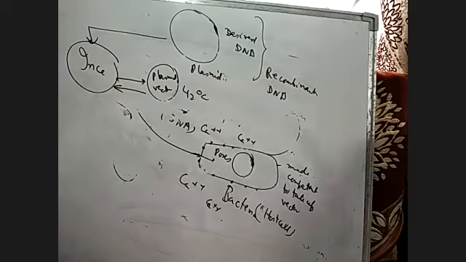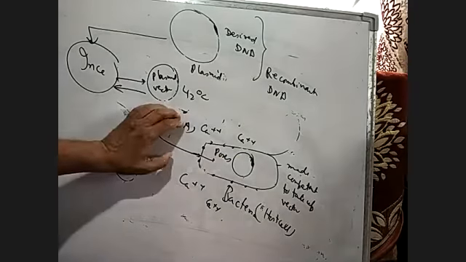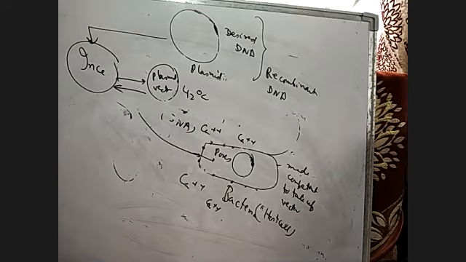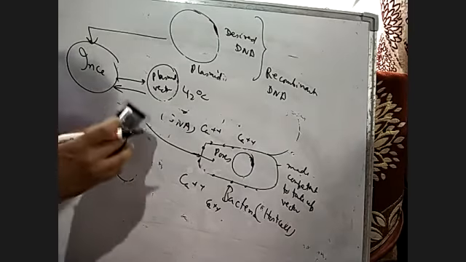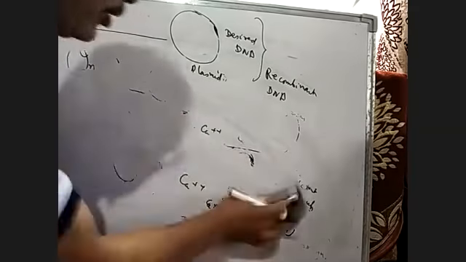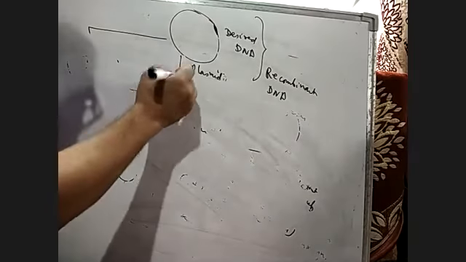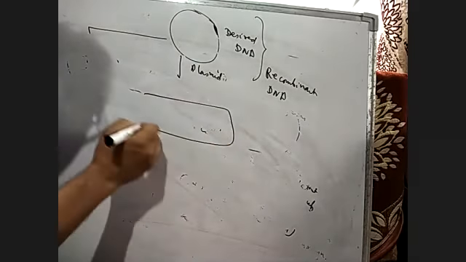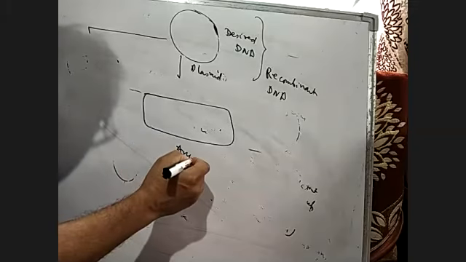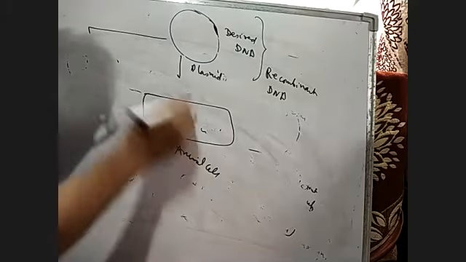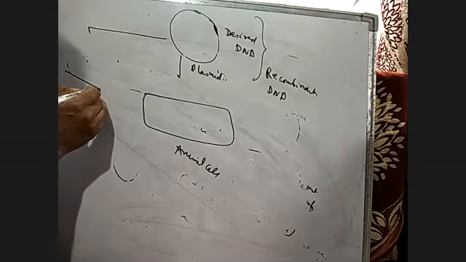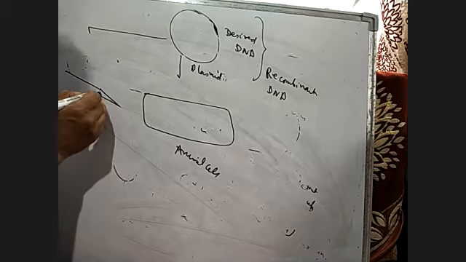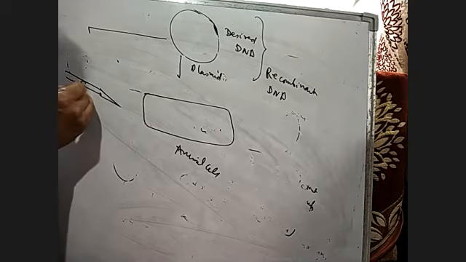Then sometimes we can introduce our recombinant DNA into an animal cell by a method known as microinjection. If you want to introduce this plasmid into the animal cell, we take an injection, and we put the recombinant DNA inside.